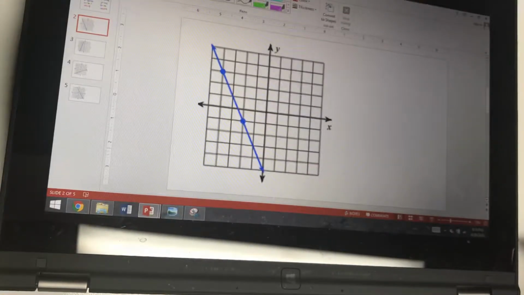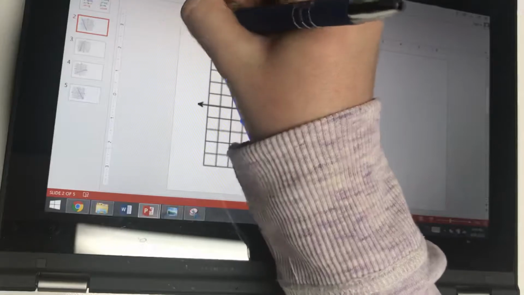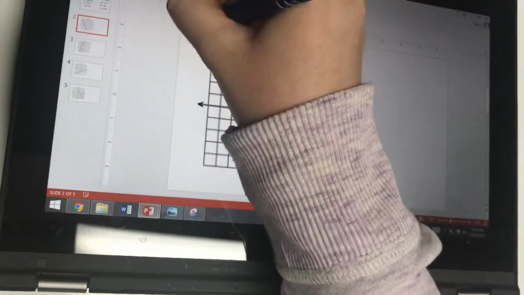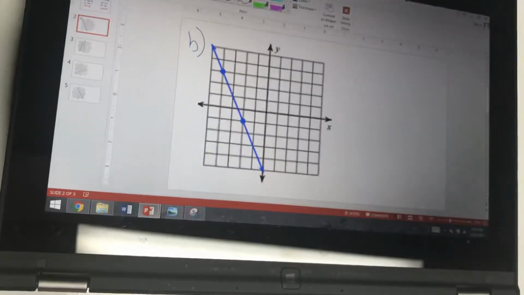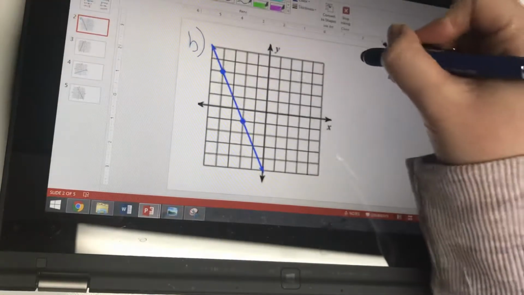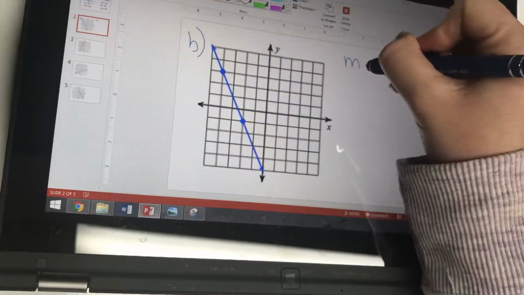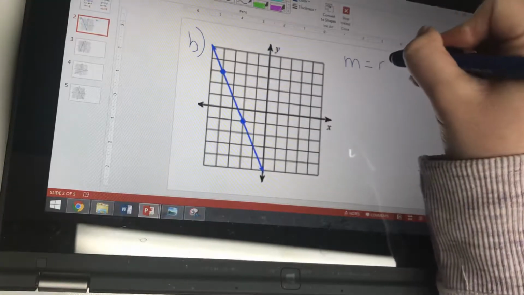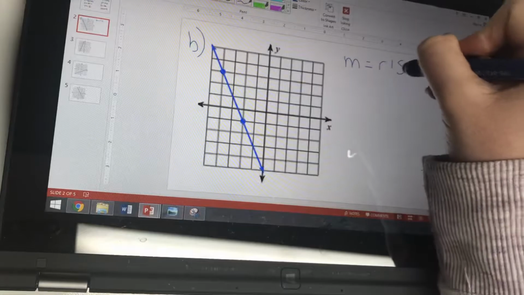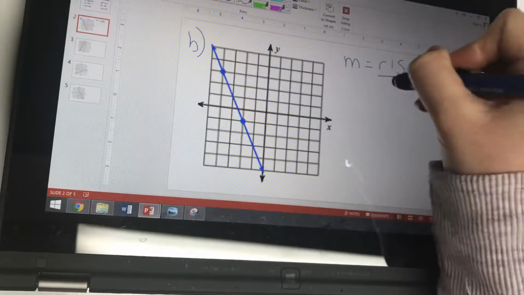If we are trying to find slope using a graph, this is for B, we are going to use a different strategy, and that is the formula that slope, m, is equal to rise over run.